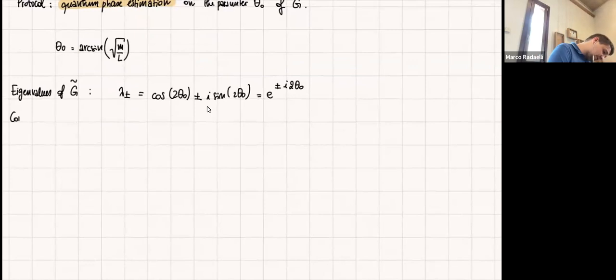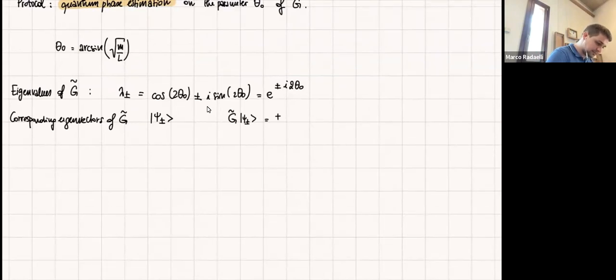The corresponding eigenvectors of G tilde, the things which correspond to the eigenvalues, are called psi plus minus, which means that G tilde applied to psi plus minus gives e to the plus or minus i 2 theta naught psi plus minus. That's the eigenvalue equation.